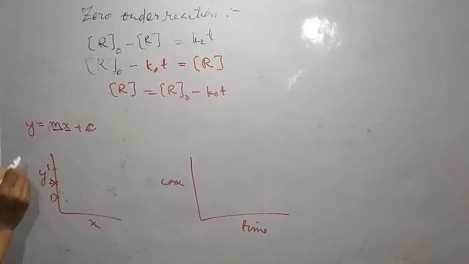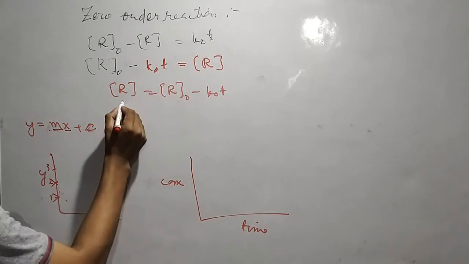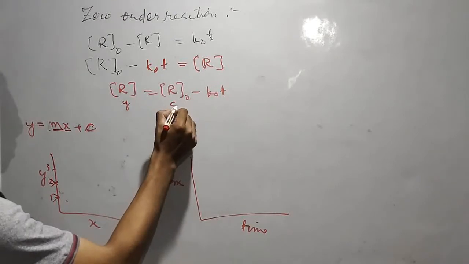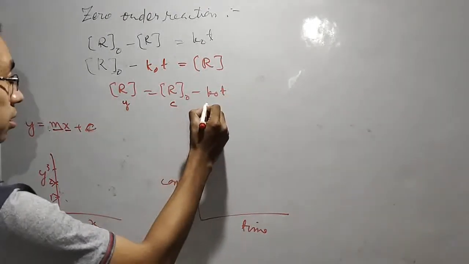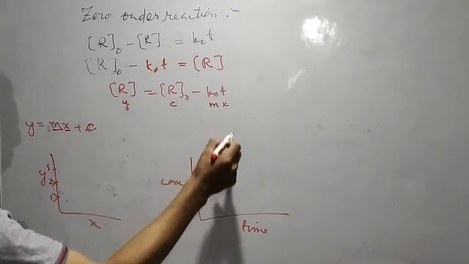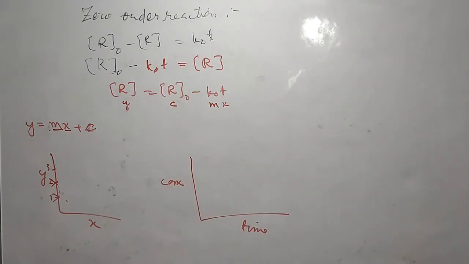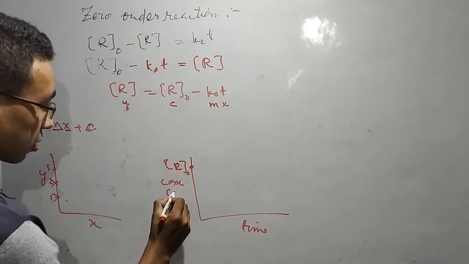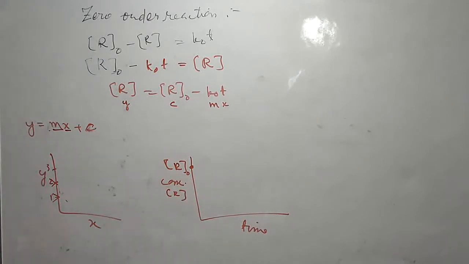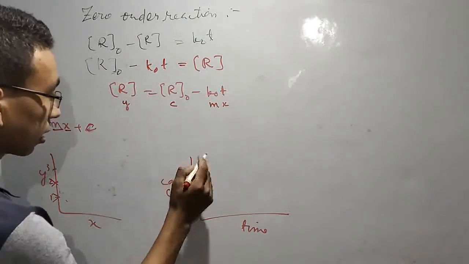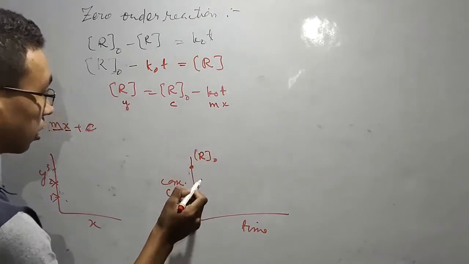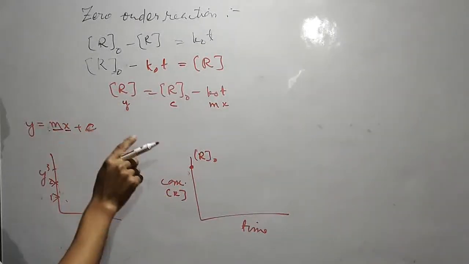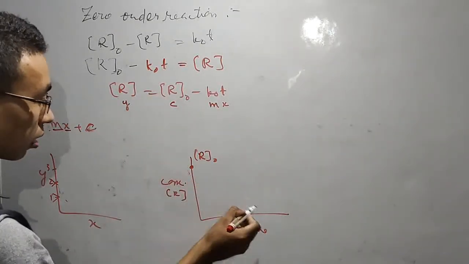This is the x-axis, this is the y-axis. So same way here, this is y, this is the intercept, and this one is mx, where time is the x-axis, isn't it? So suppose at this point is R naught, and concentration is R. Now since this is of the form of the equation of a straight line, it will have a straight line graph.